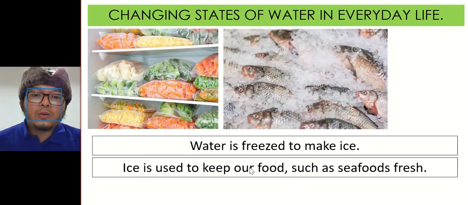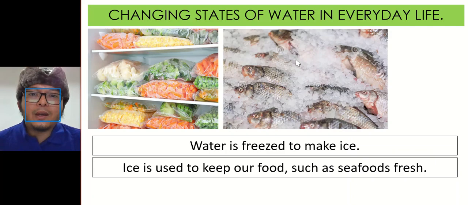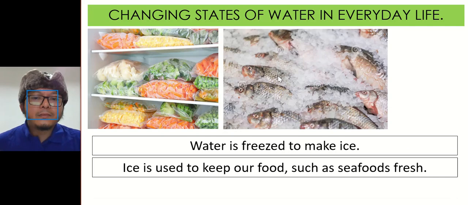Ice is used to keep our food, such as seafood, fresh. We put this one or this one to keep food fresh. Here you can see in the market, usually like this.